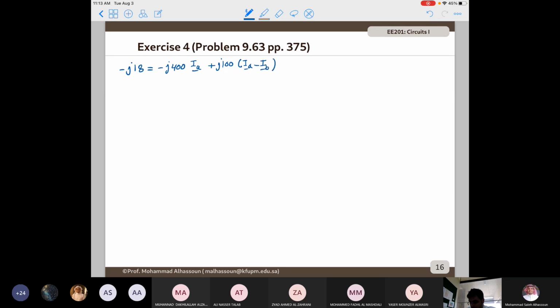So if I simplify it, I will end up with the first equation.